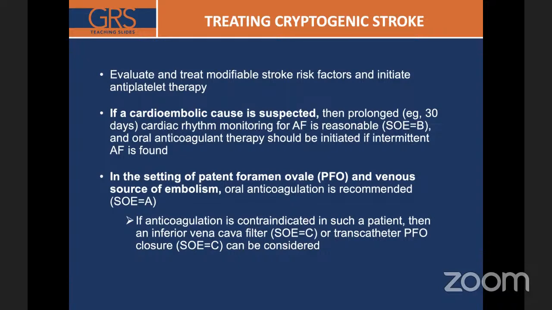And oral anticoagulant therapy should be initiated if intermittent AFib is found. In the setting of patent foramen ovale and venous source of embolism, oral anticoagulation is recommended. If anticoagulation is contraindicated in such a patient, then an inferior vena cava filter or transcatheter PFO closure can be considered.